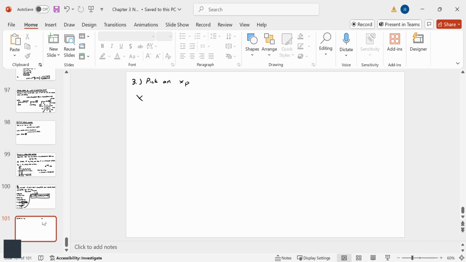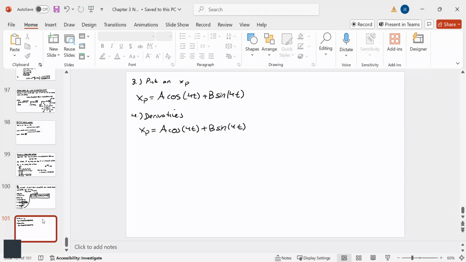So that means XP is going to be equal to A cosine 4t plus B sine 4 times t. And then step 4 is derivatives.